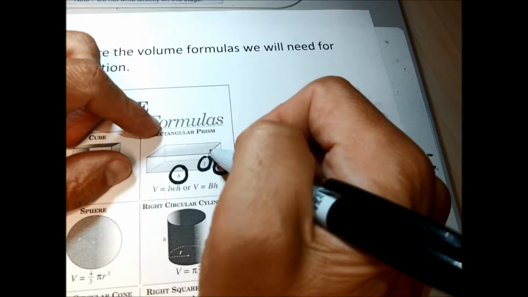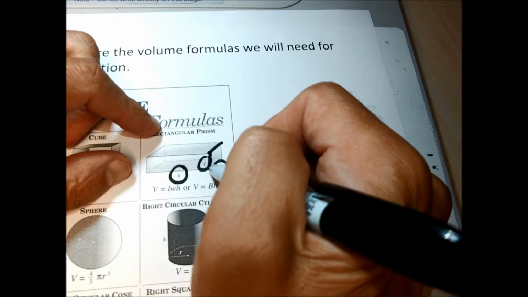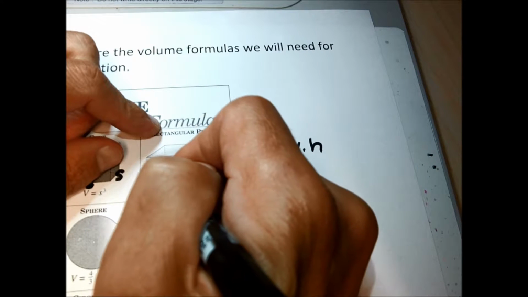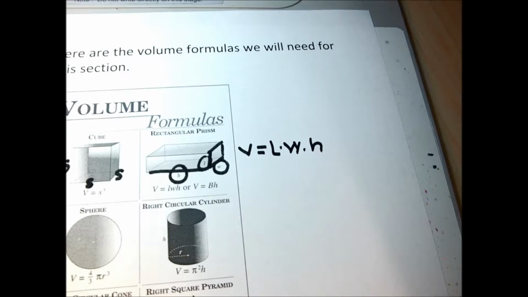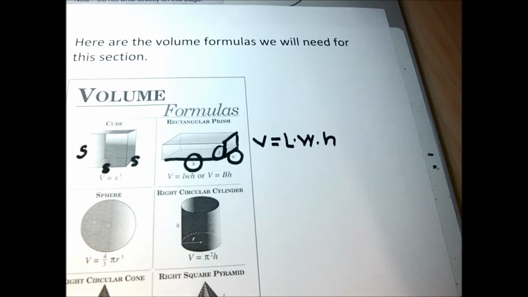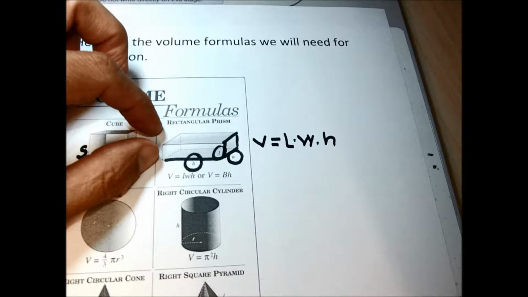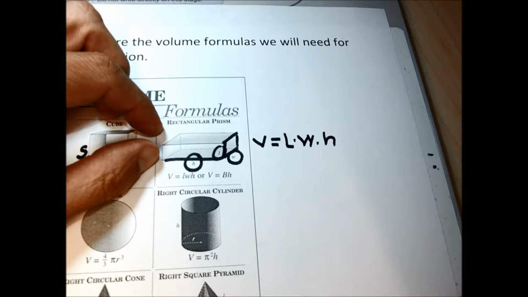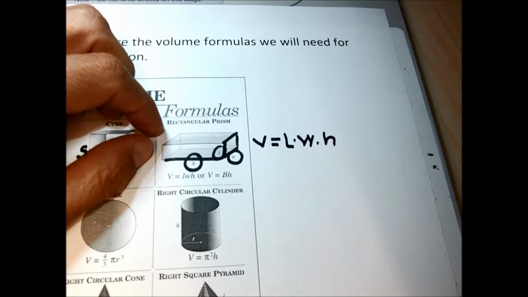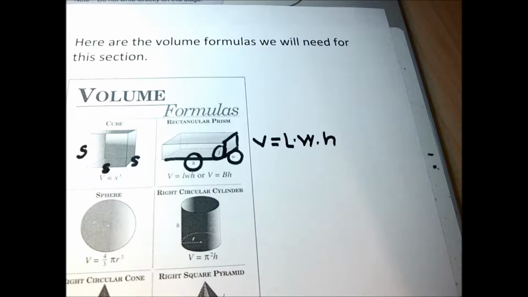From this perspective, this is being considered the base, and this is being considered the height. But it doesn't matter. If you identify a shape as a rectangular prism, meaning each of the sides is either a rectangle or a square, you find the volume by multiplying the three individual sides.